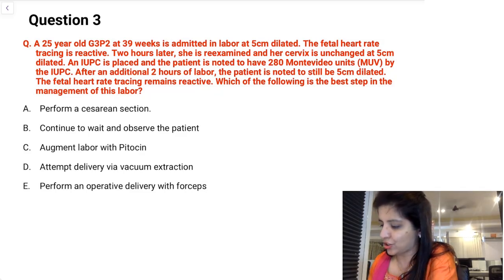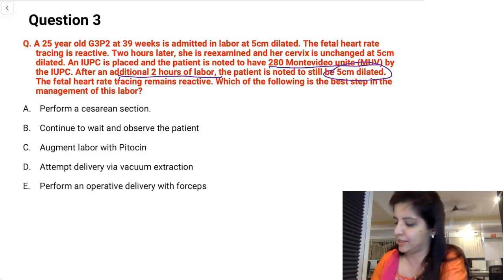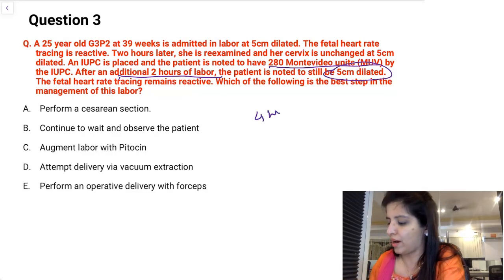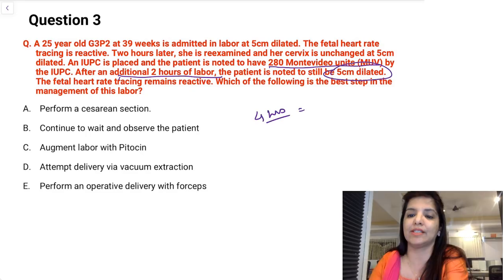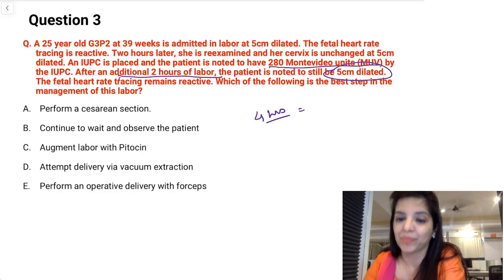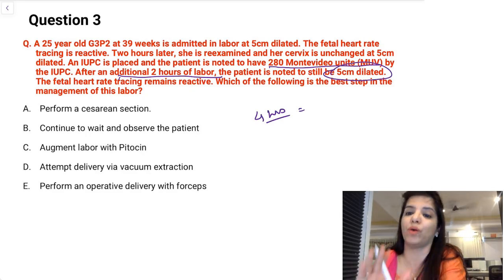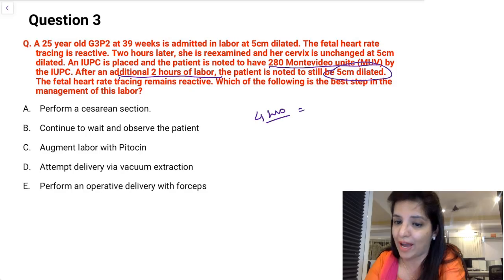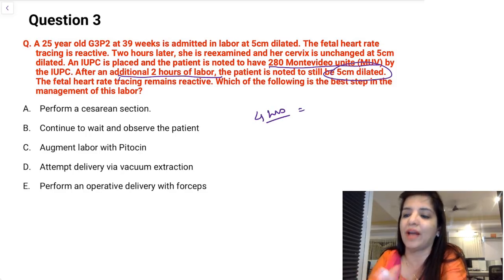The contractions are 280 Montevideo units and after additional 2 hours of labor, still the patient is 5 centimeters dilated. That means 4 hours have passed and still it is the same dilatation. Right. Now, I told you that you are going to make a diagnosis of active phase arrest when the membranes are ruptured and when adequate uterine contractions are present.